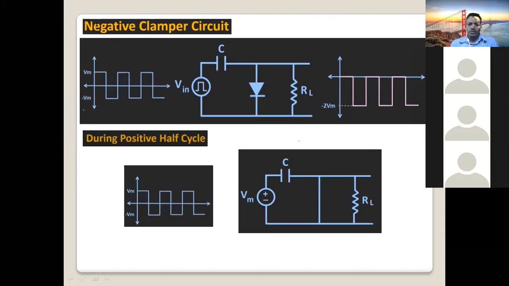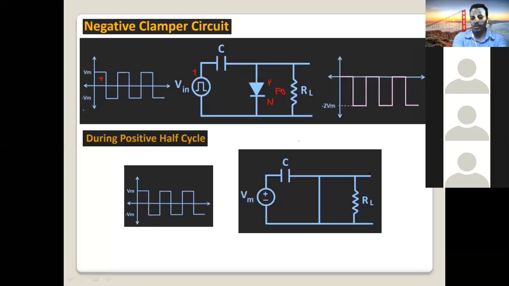Okay, so how does it work? Let's see what will happen when input is positive. During the positive half cycle, this is the P side of the diode, this is the N side. So what will happen to the diode? Positive with P side, it will be forward biased. Forward biased means the diode is on.